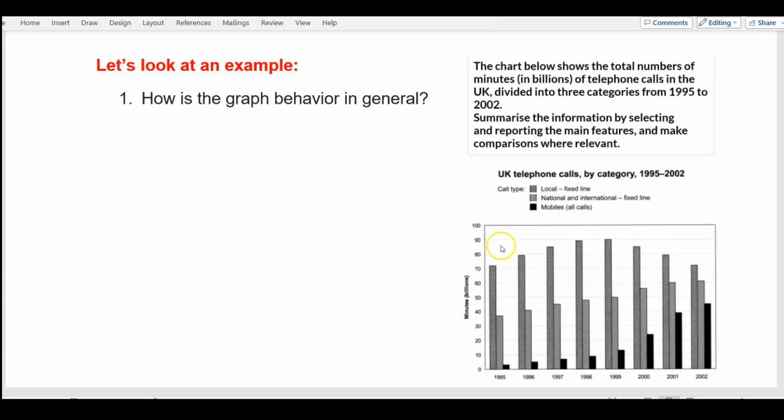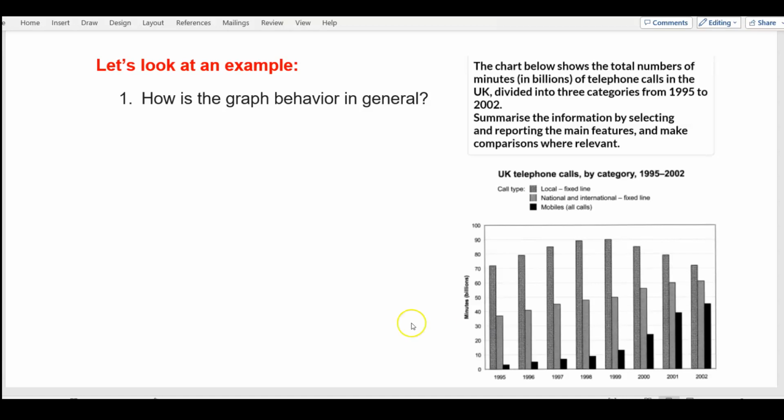Even in the first 4 years, you can see that even the local one went up, and it was just in the last 4 years that it came down. So generally most of the media of communication soared in the number of minutes that they were used as time went by.